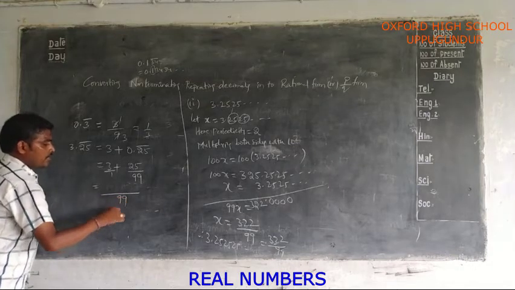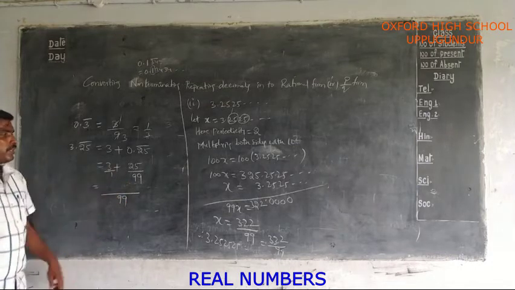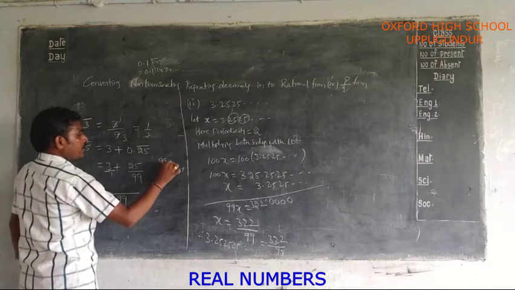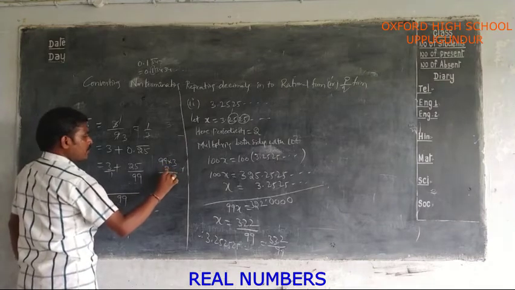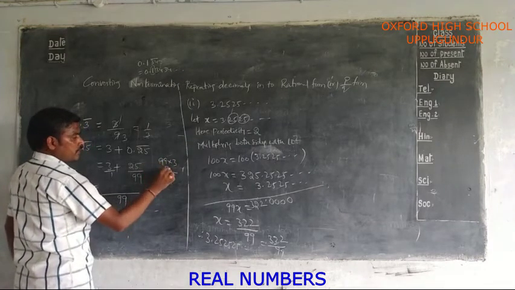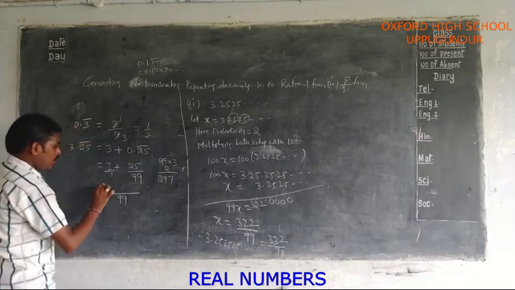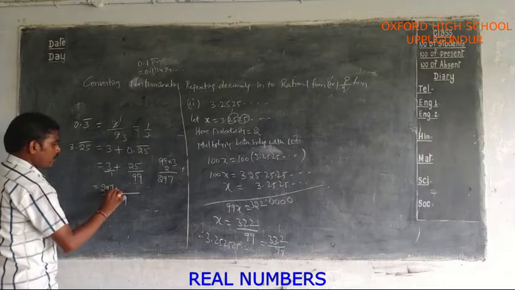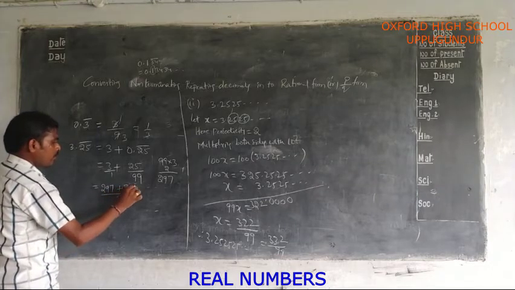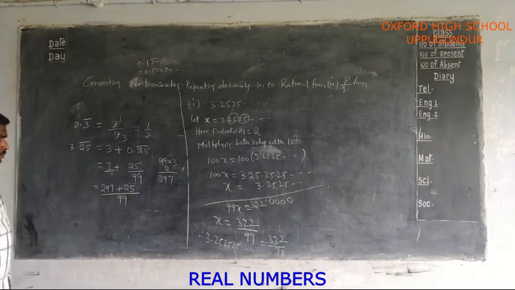Common LCM is 99. 99 into 3, 3 nines are 27, 3 nines are 27 plus 2, 29, so 297 plus 25 by 99.